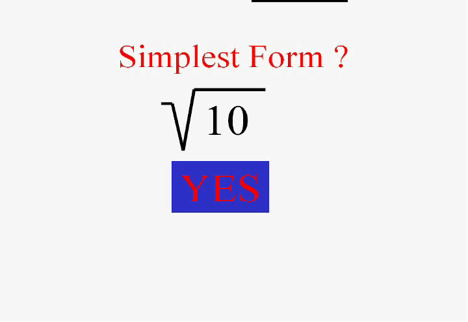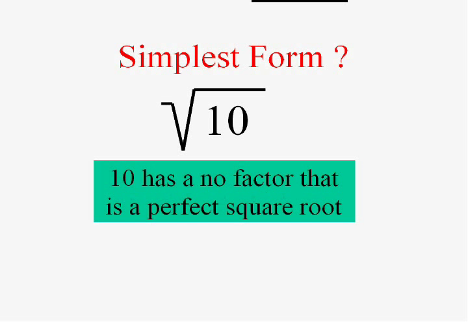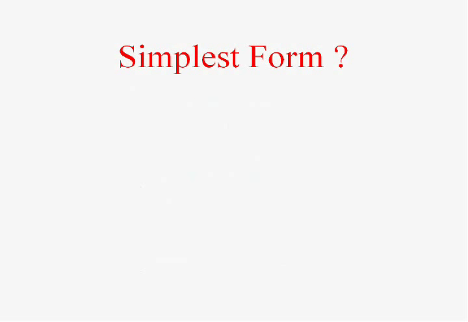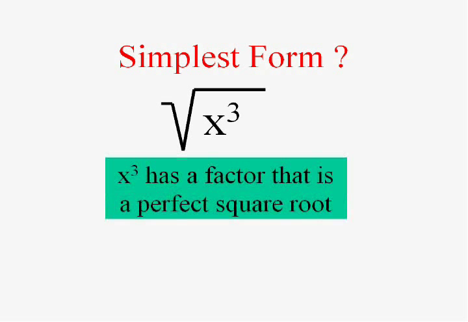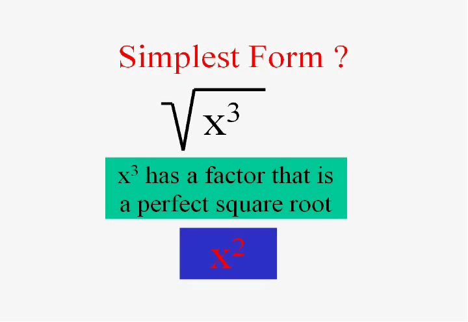Its only factors are 2 and 5, and neither of them is a perfect square. So, since it has no factor that is a perfect square, it is in simplest form. The square root of x to the 3rd is not in simplest form because it also has a factor that is a perfect square. Think about it. X squared is a perfect square, and it goes in evenly to x to the 3rd.